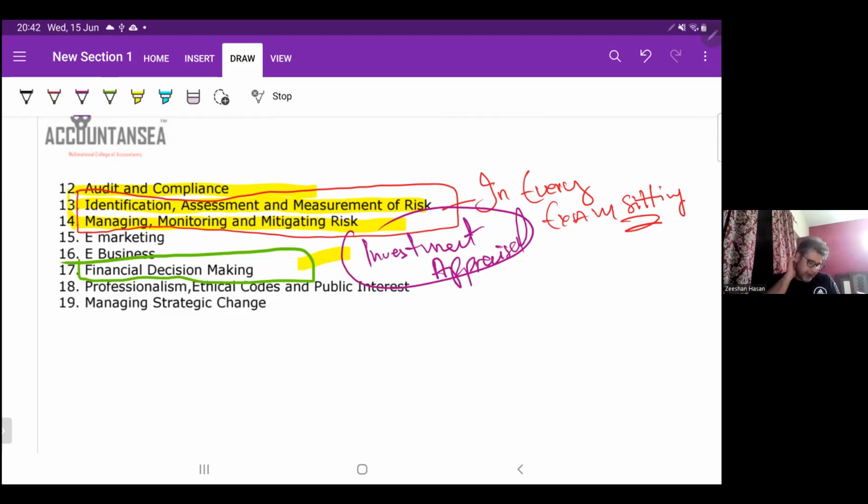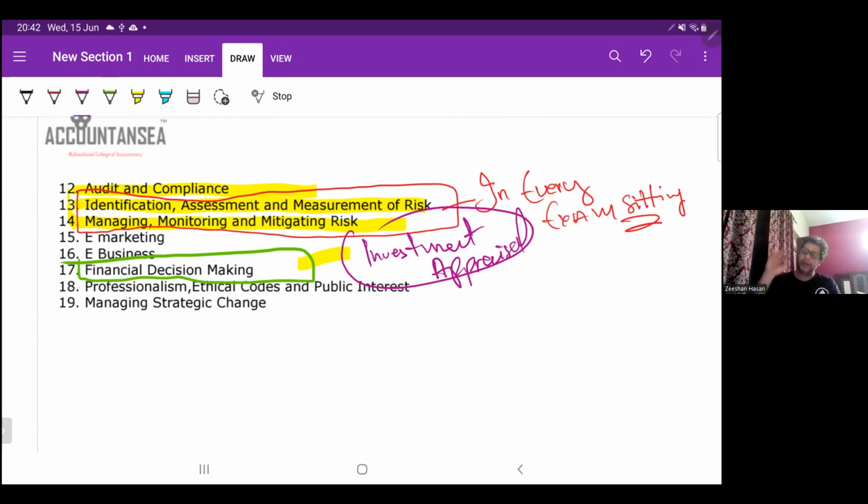Then we have the last two areas, that is professionalism, ethical codes, and public interest. What is professionalism? What is meant by professionalism? What are the ethical codes? Well, these are the same which we have been doing from our childhood.